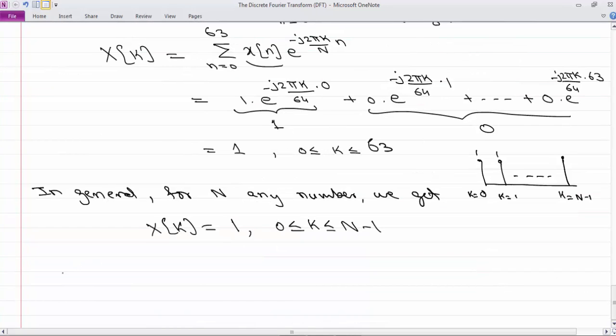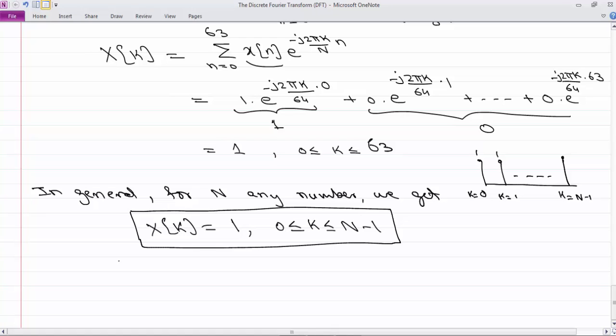So then let's look at whether the inverse DFT formula works or not. Let's say you are now given this DFT expression for some capital N, and you are asked what is the original sequence that this DFT belongs to. So you use the inverse DFT formula to figure that out.